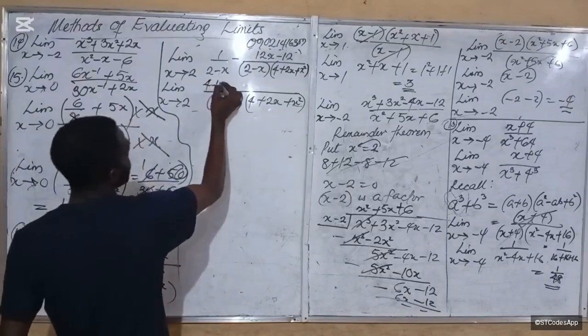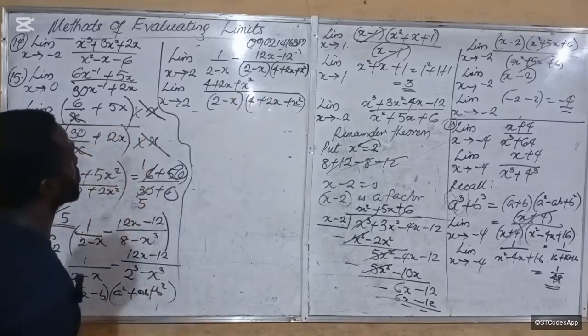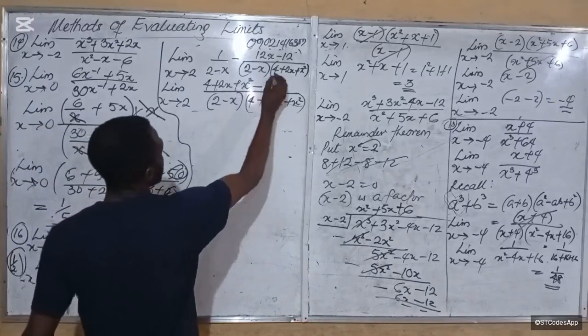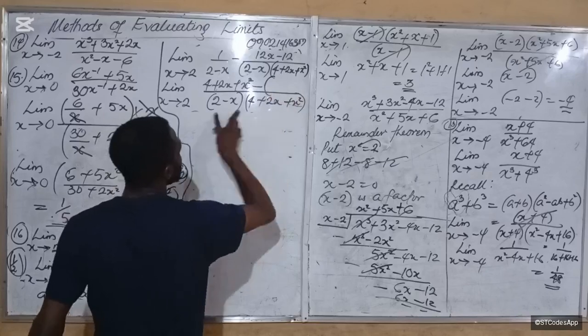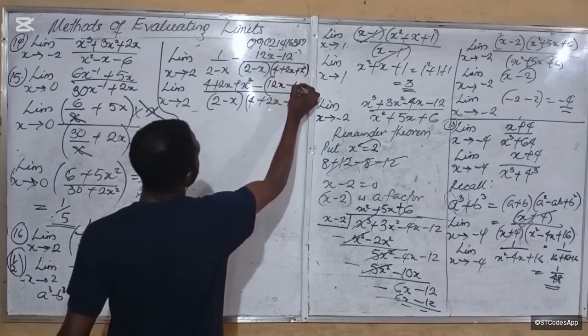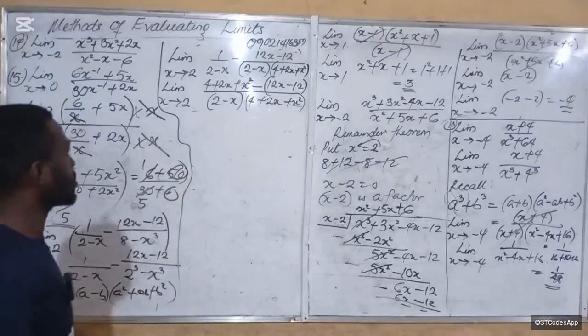So that becomes 4 plus 2x plus x squared, minus this in this will be this, right? 12x minus 12, because the LCD is the same as the LCD up there.